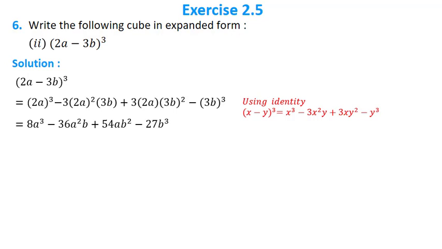We simplify, so we get 8a cube minus, this is 4, this is 3, this is 3, so 9 into 4 is 36, 36a square b, plus this is 54ab square minus 27b cube.